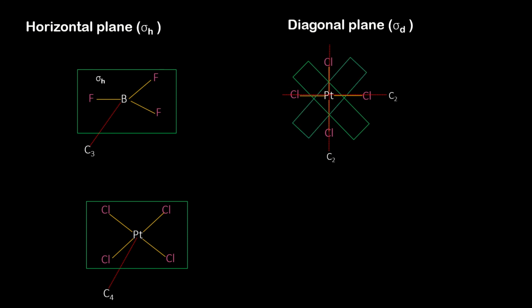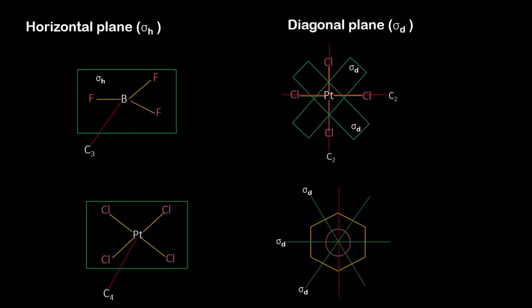Two such diagonal planes are obtained in platinum tetrachloride. Next example is benzene. Benzene contains 3 sigma d, which pass from edge to edge, and the remaining 3 planes are sigma v planes which pass through corner to corner.